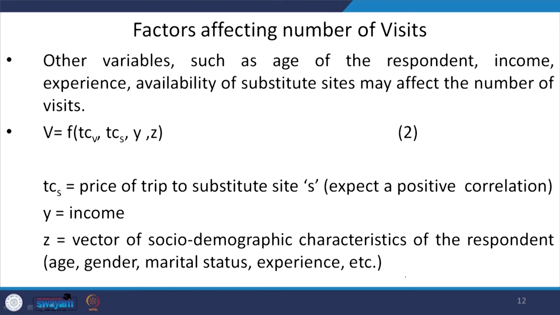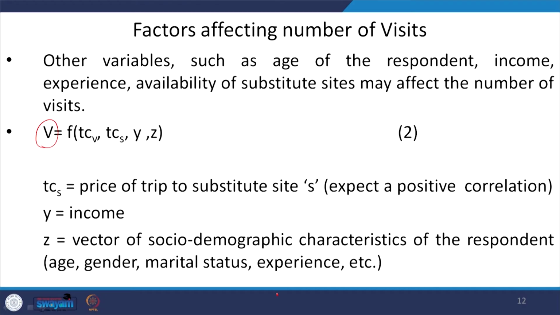Here we explored the literature on the travel cost model, and we found that we can take into account certain variables in order to explain these behaviors. After taking all these variables into consideration, we can now say that the factors are, where V equal to number of visits to that particular site.